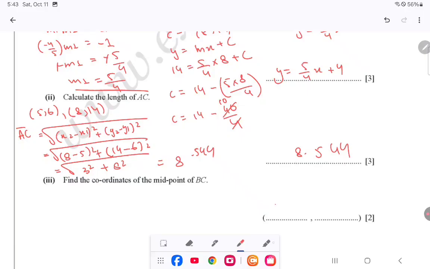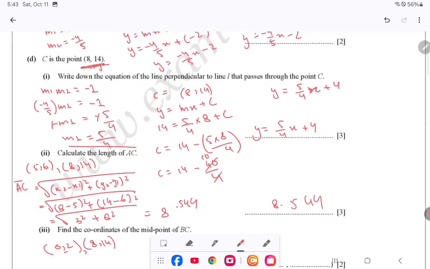8.544. Find the coordinates of the midpoint of B and C. The point B is given as (0, -2), and C is (8, 14).